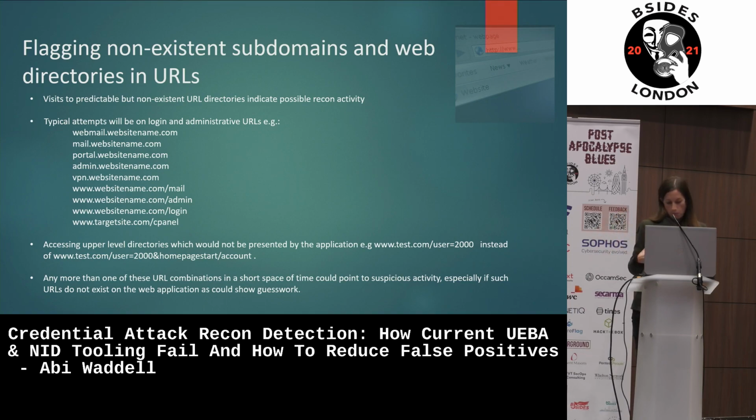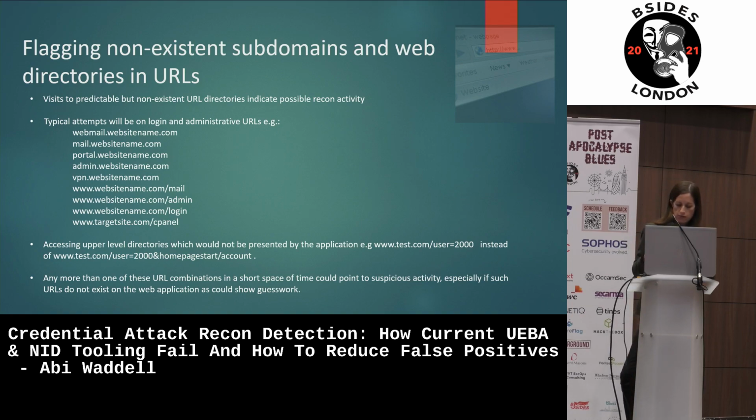Obviously, your web infrastructure may indeed have these prefixes, but again, it's adding to the pool. If you're seeing a lot of these guess attempts, especially if you don't have these sites or directories in place, then it could indicate credential recon activity.